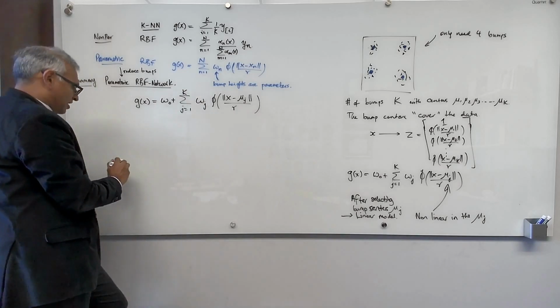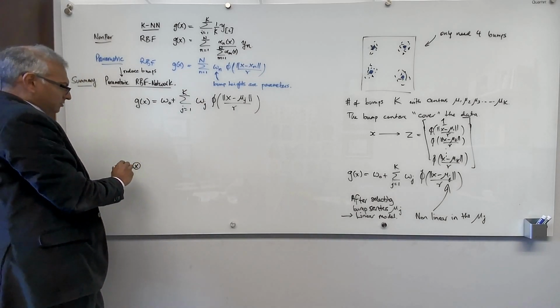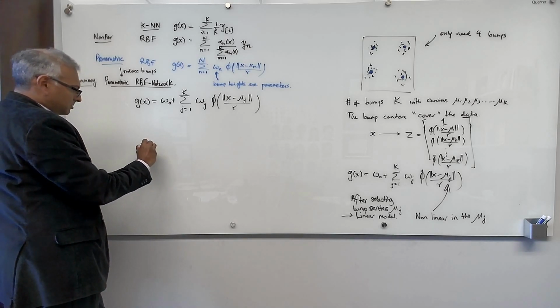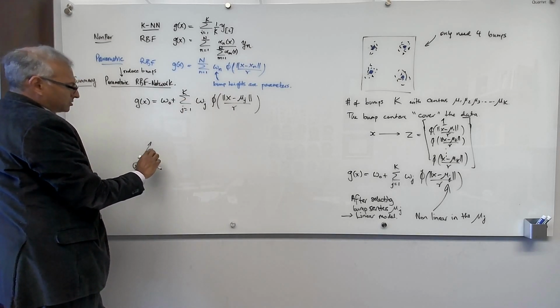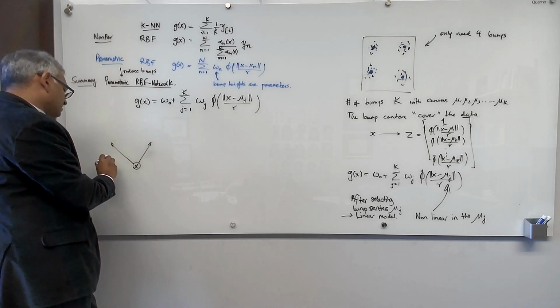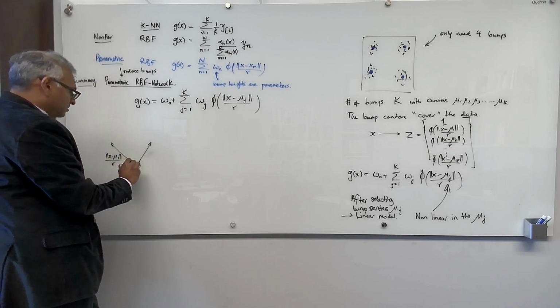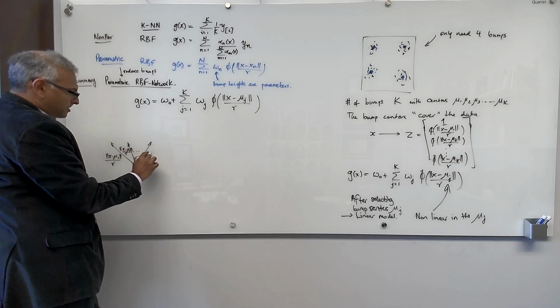So what's going on here? You have your input x, and you transform your input x using the similarity to the center mu j: x minus mu1 over r, x minus mu2 over r, and so on, x minus mu k over r.